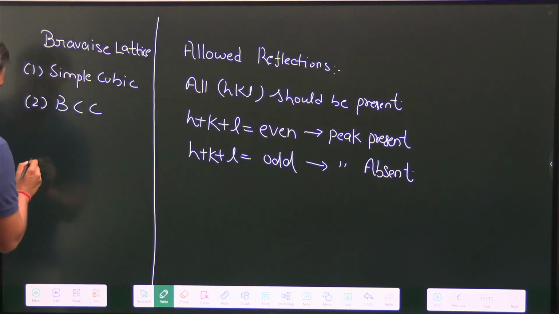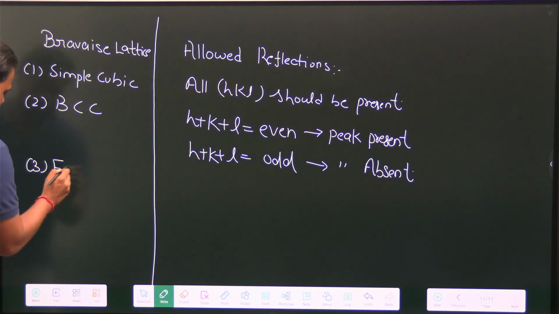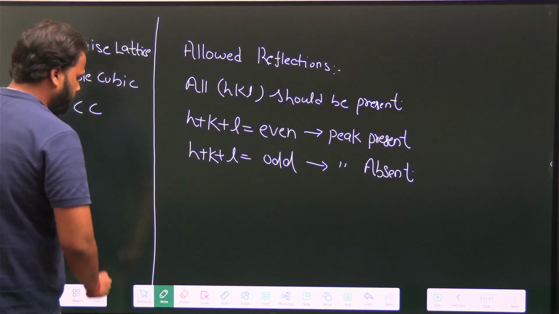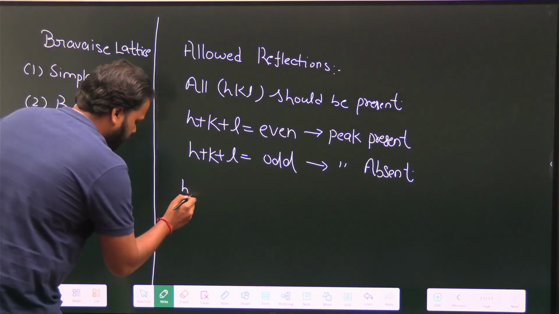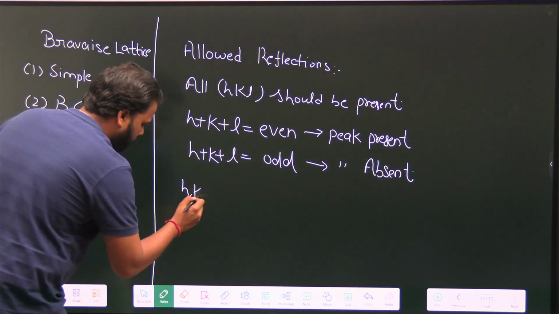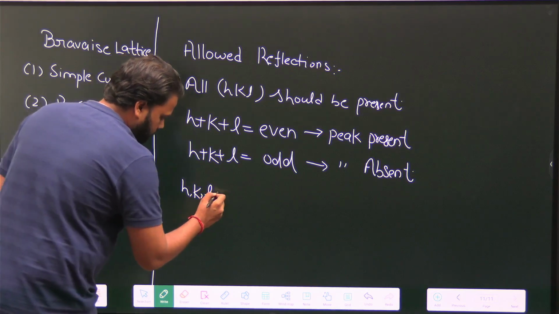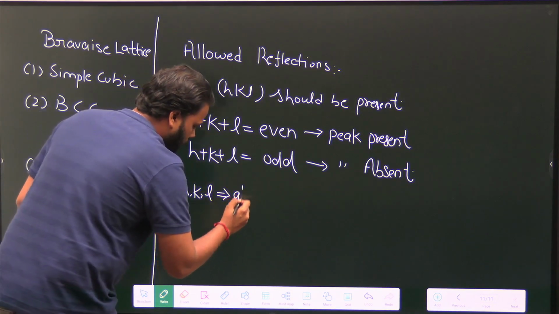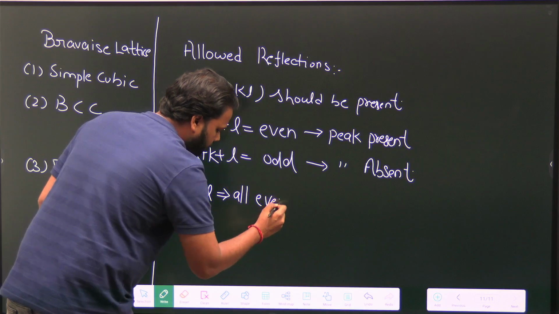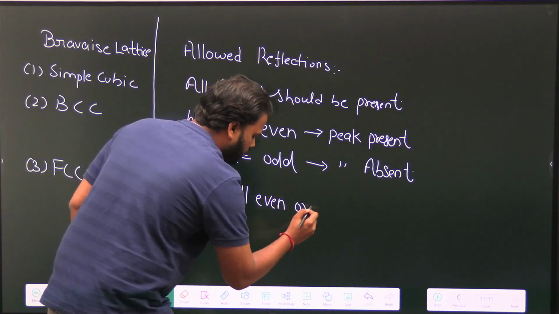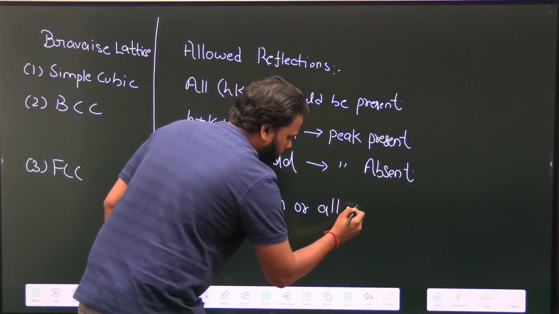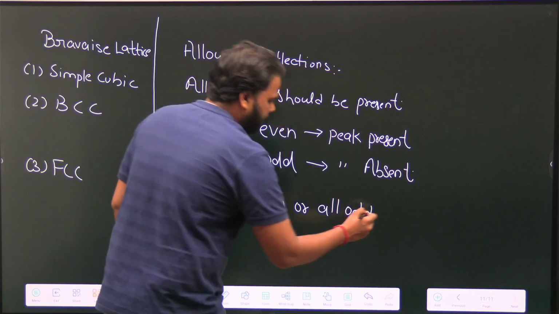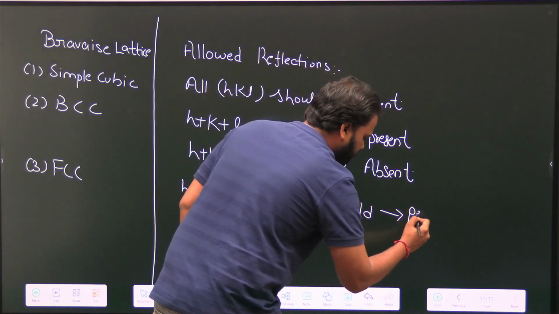For the FCC, just we have solved right now. What are the conditions? H, comma K, comma L should be all even or all odd. In that case, the peak will be present.